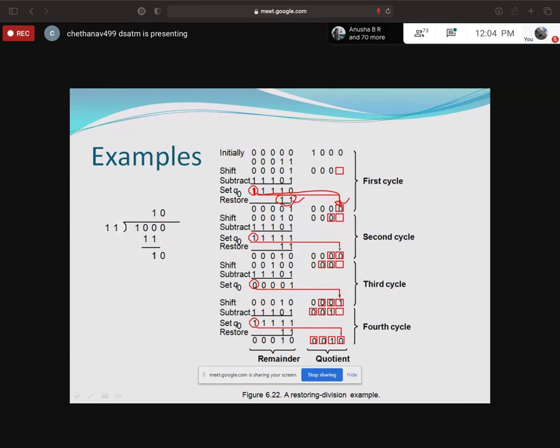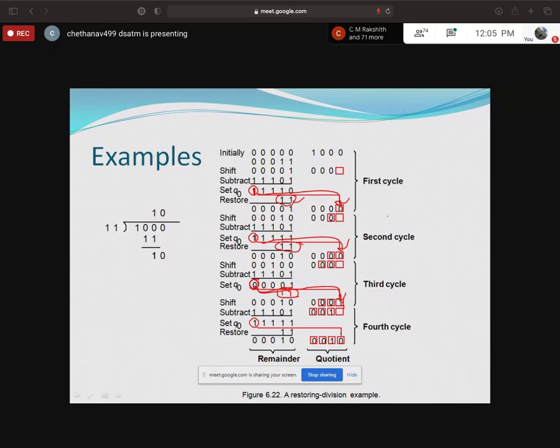Here q naught is set to 0, and restoring means you're adding your divisor to the existing value. But if you have 0 here, you're writing your q naught as 1, but you're not restoring your divisor. That you should remember. If it is 1, you have to restore. If it is 0, don't restore.